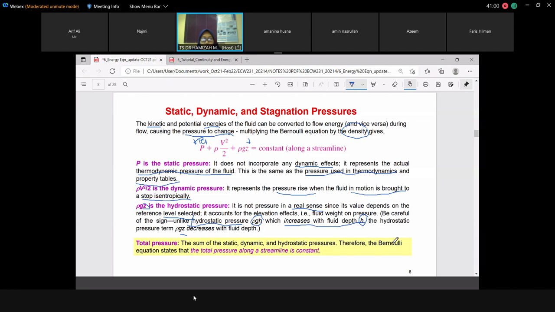Therefore the Bernoulli equation states that the total pressure along a streamline is constant. So from here, we go to the Bernoulli equation. The Bernoulli equation says total head entering equals total head out.